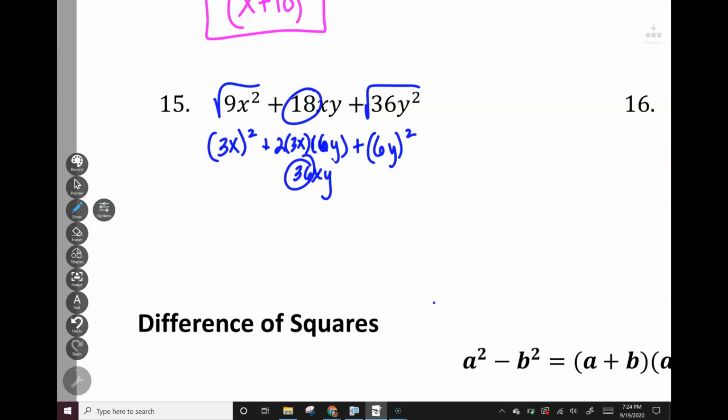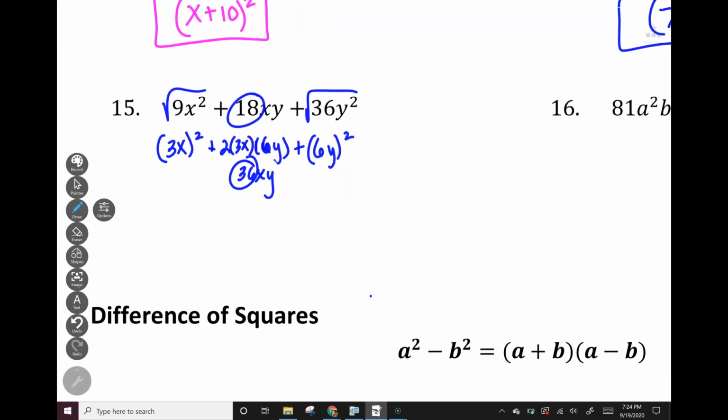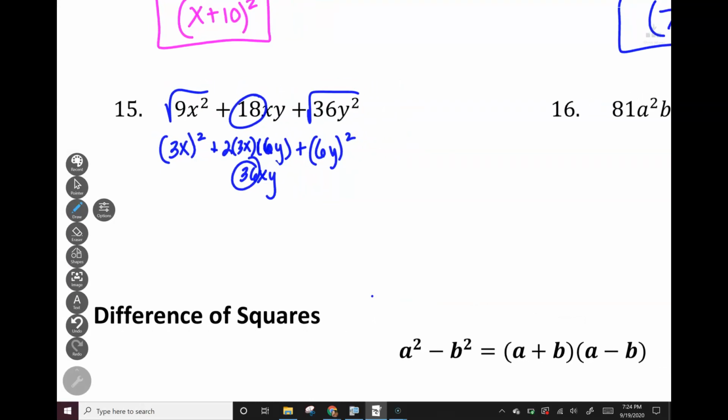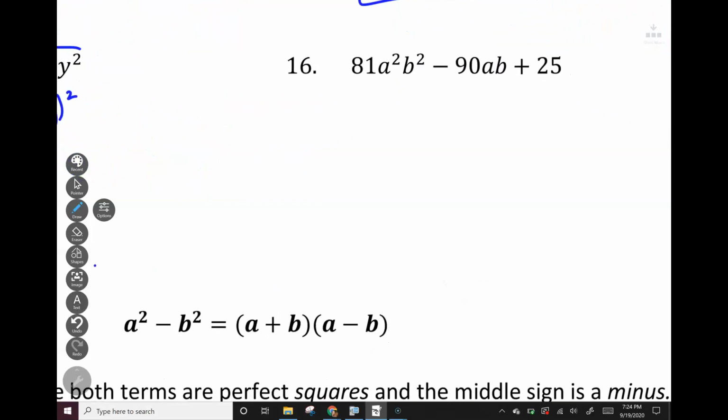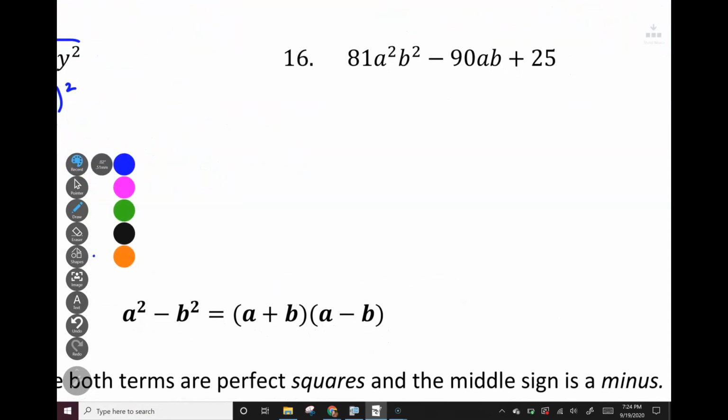I honestly can't remember if I did that on purpose to show you that it doesn't always work, or if I meant to put a 36 there so it does work. But either way, we won't be using the pattern on this one. But you could still factor that one using, well, first take out the GCF. First take out the GCF and then factor it like we did using grouping. Okay, so can't use the pattern on that one.